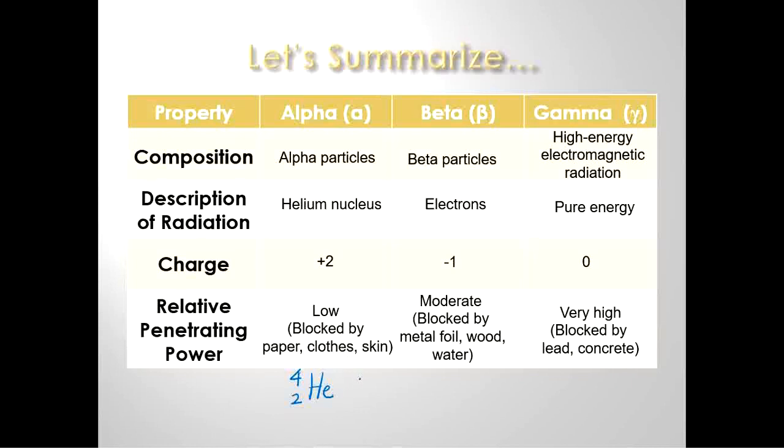It can also be represented by this, which is just an alpha symbol. It's the Greek letter alpha. Beta is represented by electrons, 0, -1 e, or it can also look like this. This is the Greek symbol for beta. Gamma, remember, has no mass, no charge, and that's the symbol for gamma. It's like a diving fish or an upside down ribbon.